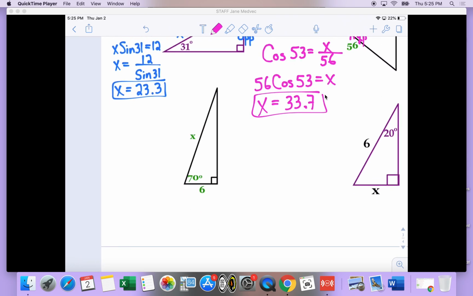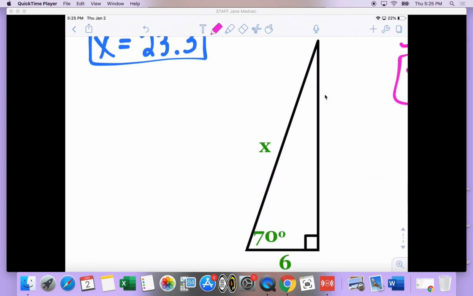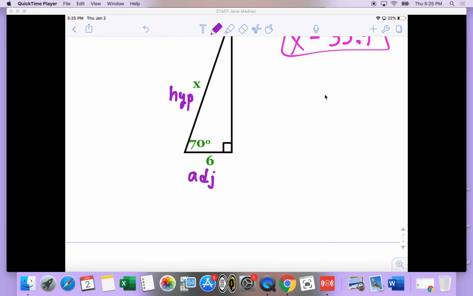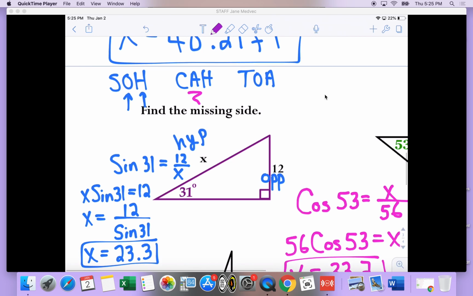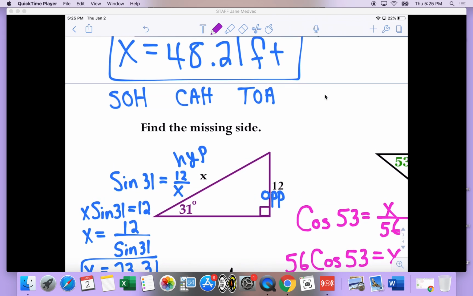All right, let's keep going to the next triangle. Again, I need to look at the relationships. I've got 70 degrees. My x is my hypotenuse, and my 6 is next to it, so it's adjacent. Looking at sine, cosine, and tangent, which one works with the hypotenuse and the adjacent? That would be cosine again.